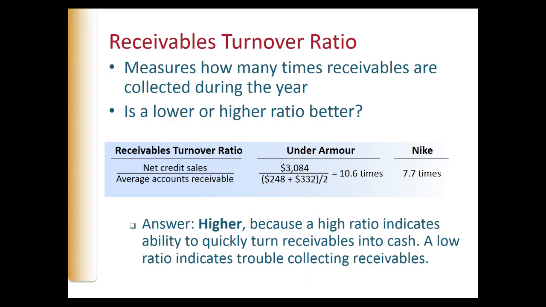Under Armour's receivables turnover is 10.6. That indicates that receivables are collected 10.6 times per year. This is much higher than Nike's receivable turnover of 7.7 times.